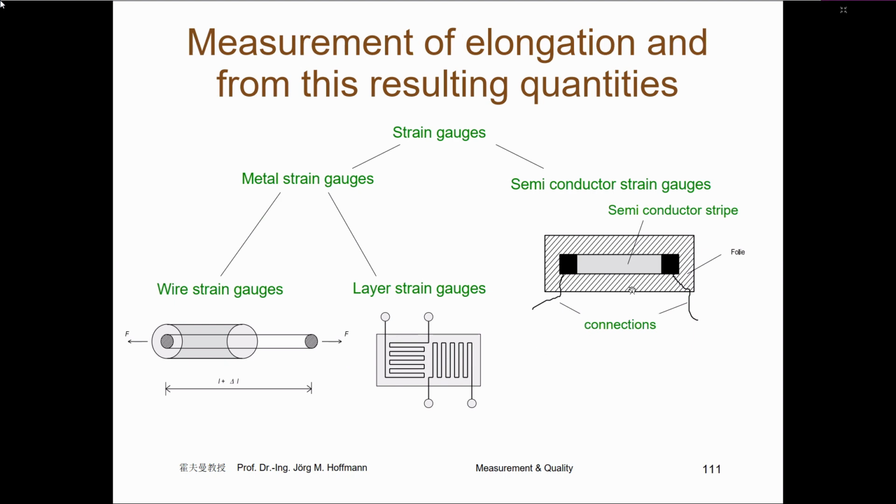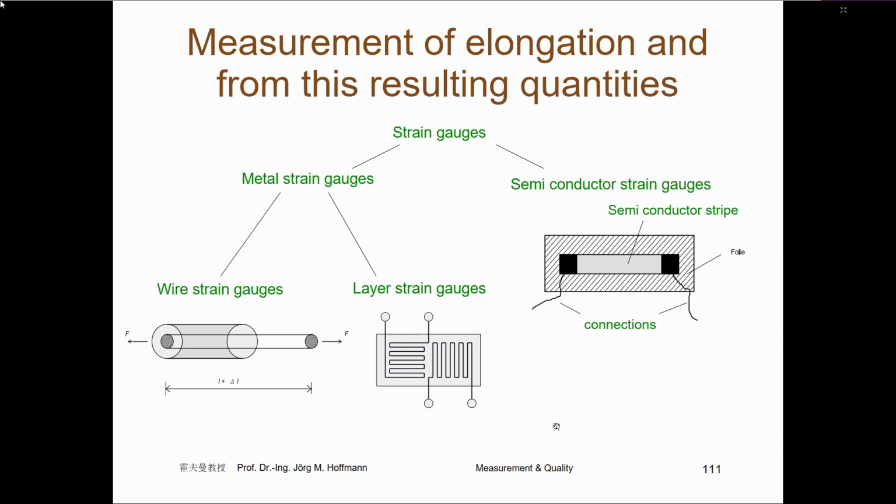The semiconductor strain gauges have the problem that every strain gauge is a little bit different from the others, so the influence of the temperature is not the same on every strain gauge. Therefore, it doesn't work when we use a bridge, because the temperature coefficient must be exactly the same to eliminate the influence with the bridge.